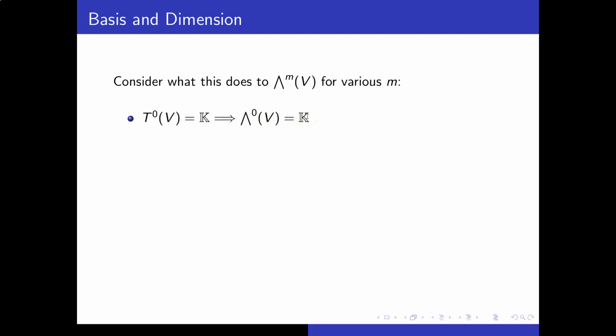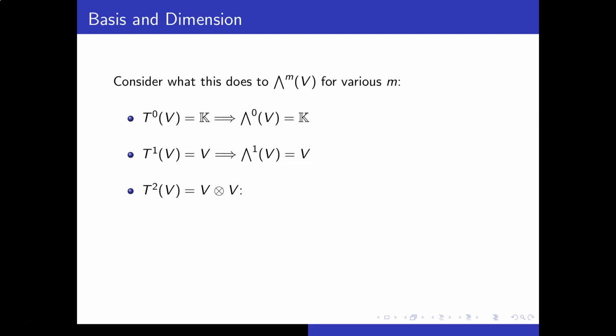The base field will remain there. And similarly, if I take the first tensor power, that's just the vector space. Again, all of my ideal relations involve at least 2 vectors being multiplied together, so it doesn't really kick in until the second tensor power. So the first exterior power of the vector space is, again, just the vector space. That doesn't change.